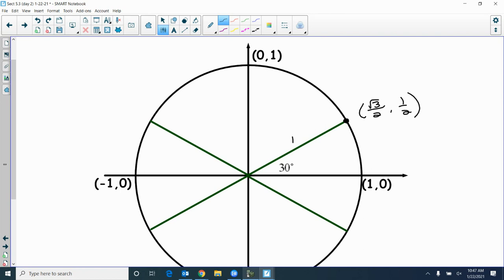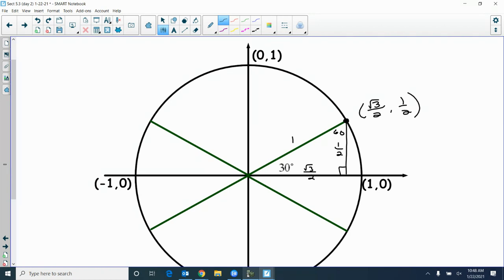Now, here's what's going on. Drop the perpendicular. Create a 30, 60, 90 triangle. What is the side across from the 30-degree angle? It is 1/2. What is the side across from the 60-degree angle? It is square root of 3 over 2. So we go over square root of 3 over 2, we go up 1/2.